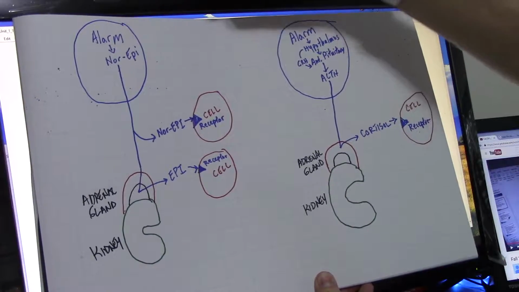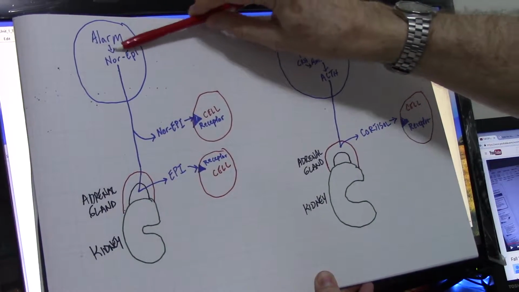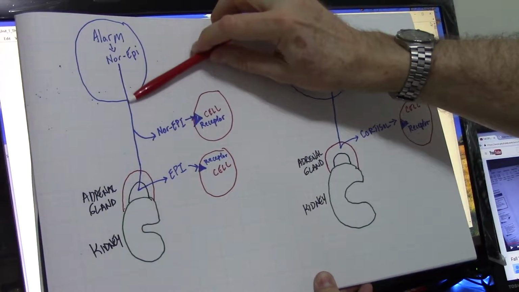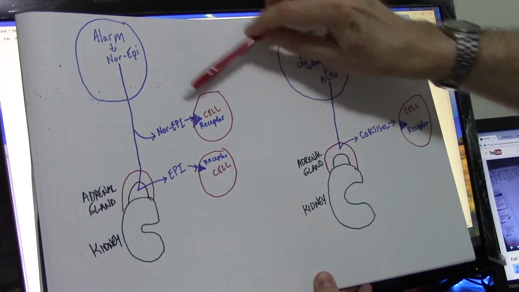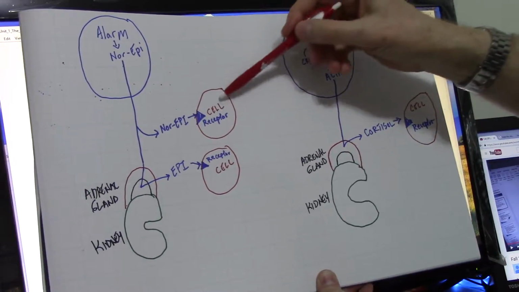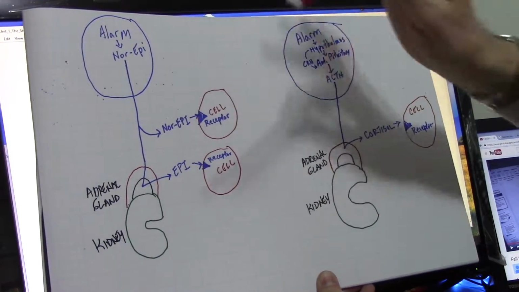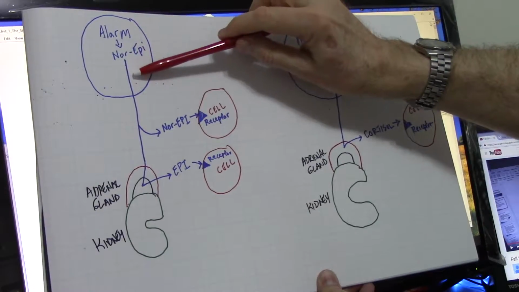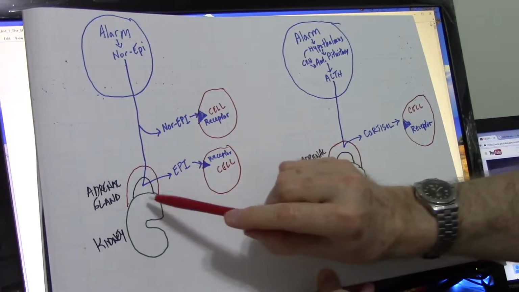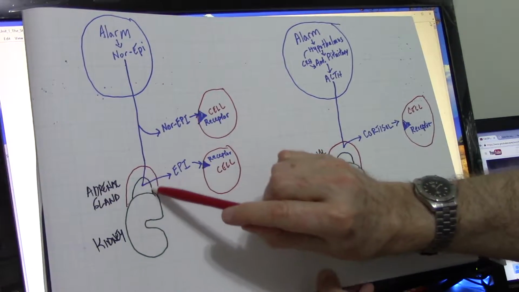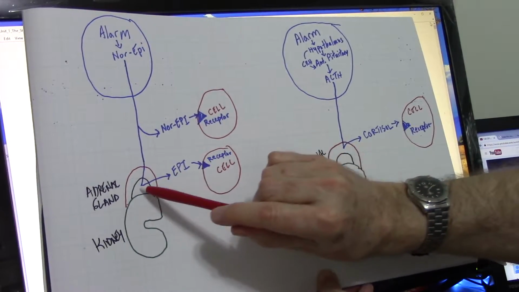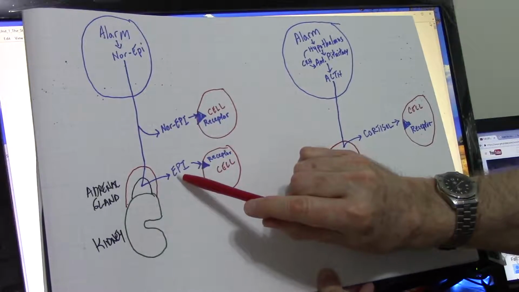But one of those neurotransmitters is norepinephrine. Now, if you are stressed, you are going to release norepinephrine from the central brain, okay, and that norepinephrine is going to act directly on certain target cells throughout the body, and we'll talk about what these cells are in just a moment. But also the norepinephrine neurotransmitter will travel to the adrenal gland, and it will go to the middle or the medulla of the adrenal gland, and it will stimulate the release of a very important hormone called epinephrine.